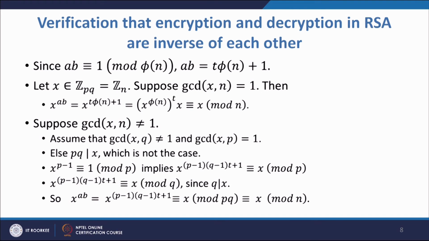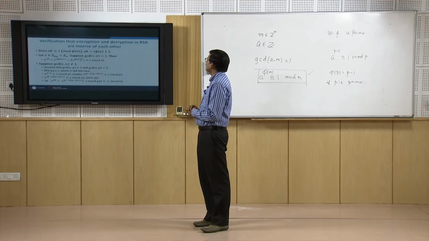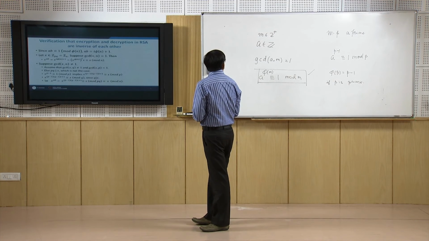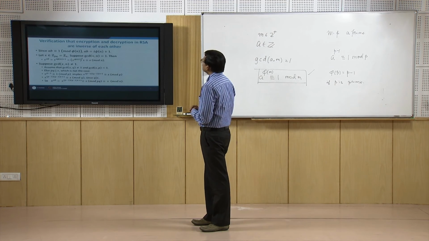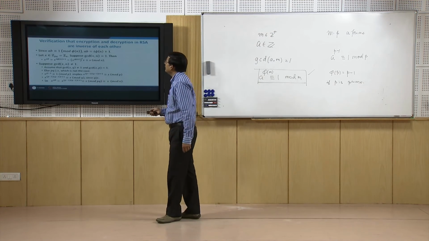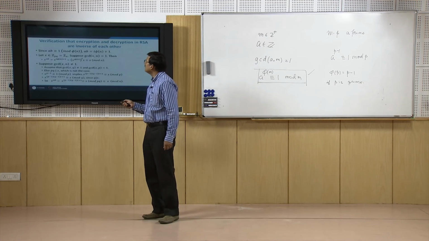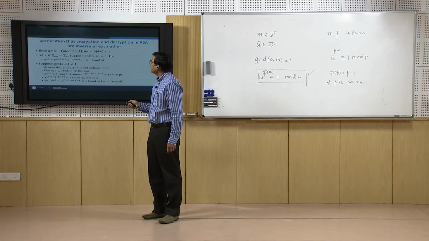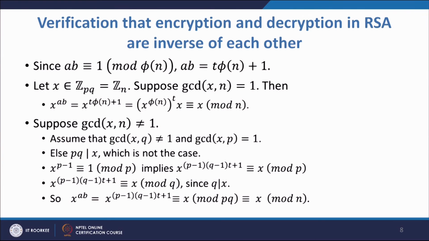Now, if x is co-prime to n, we know that x raised to the power a b is equal to x raised to the power t times phi n plus 1, which is equal to x raised to the power phi n, raised to the power t, into x.